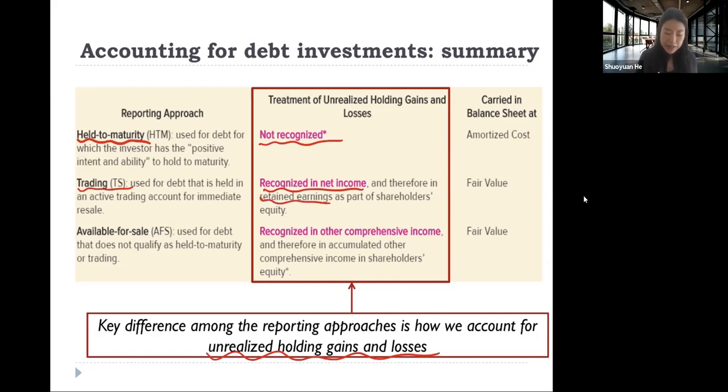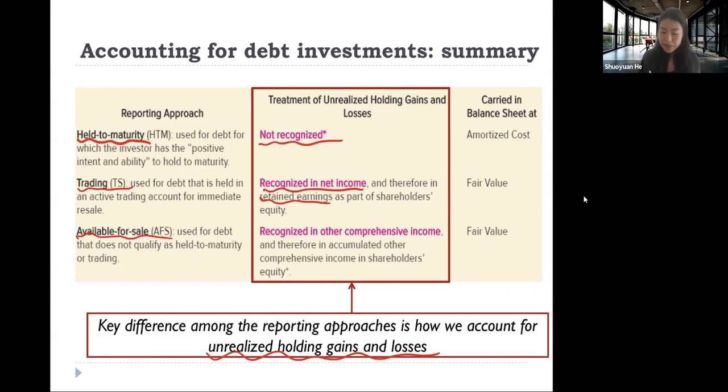And if it is classified as available for sale security, which means that we don't plan to trade it actively, but we may sell it given the right market condition, then under this situation the unrealized holding gain or loss is also relevant for us. But because we don't plan to trade it actively, they are not going to go directly into our net income.